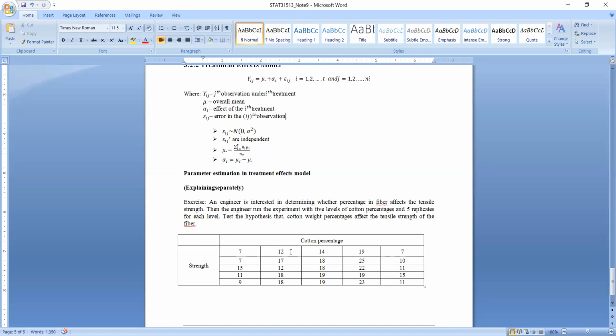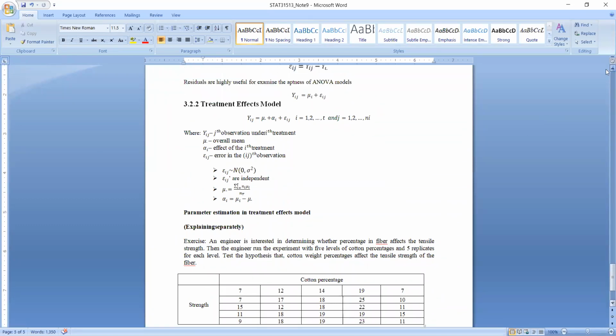So you can see there are 5 levels of treatments and 5 replicates under each treatment. What I want you all to do is take this data set and do this calculation.